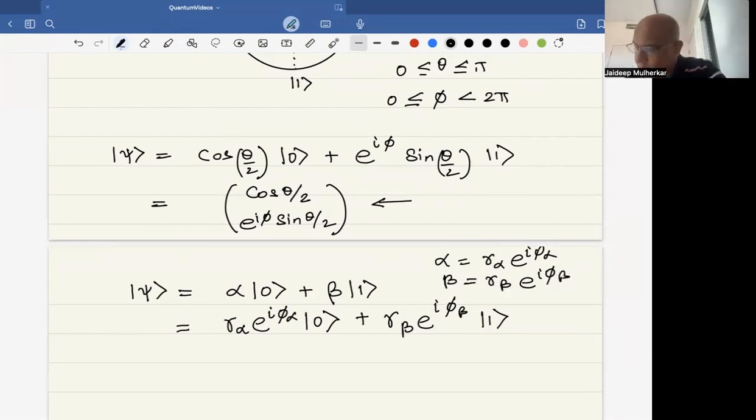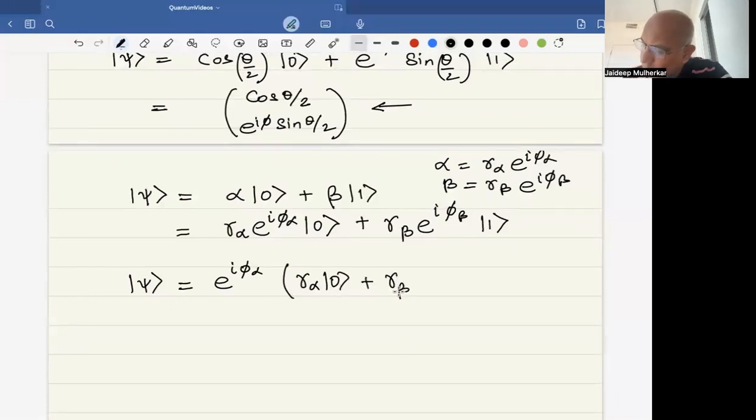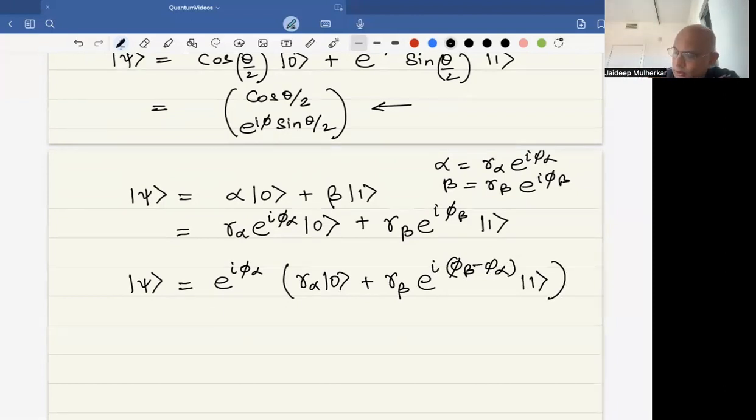Okay, so now I can take e to the i phi alpha outside, and then this is R alpha ket 0 plus R beta into e to the i phi beta minus phi alpha ket 1. So now this is a global phase. So one can remove 1 degree of freedom by ignoring this global phase.